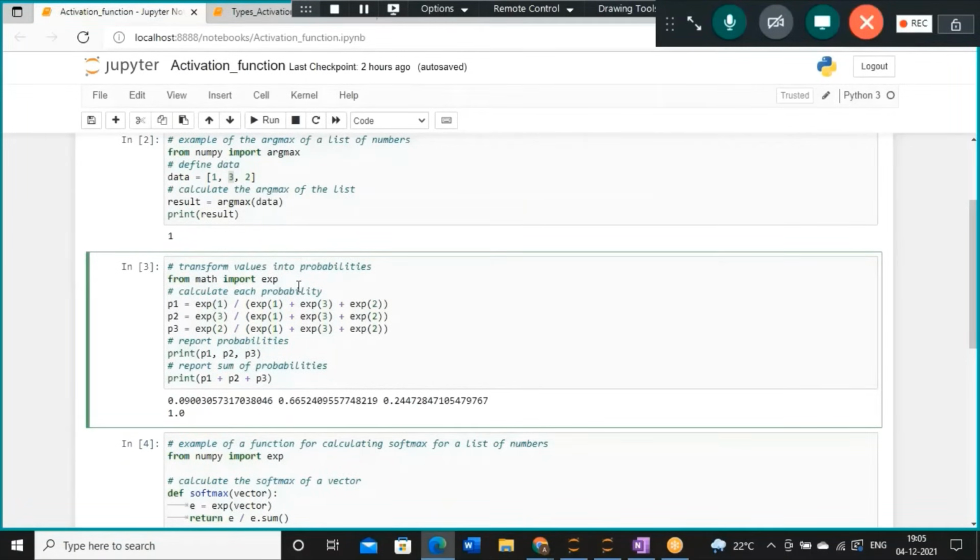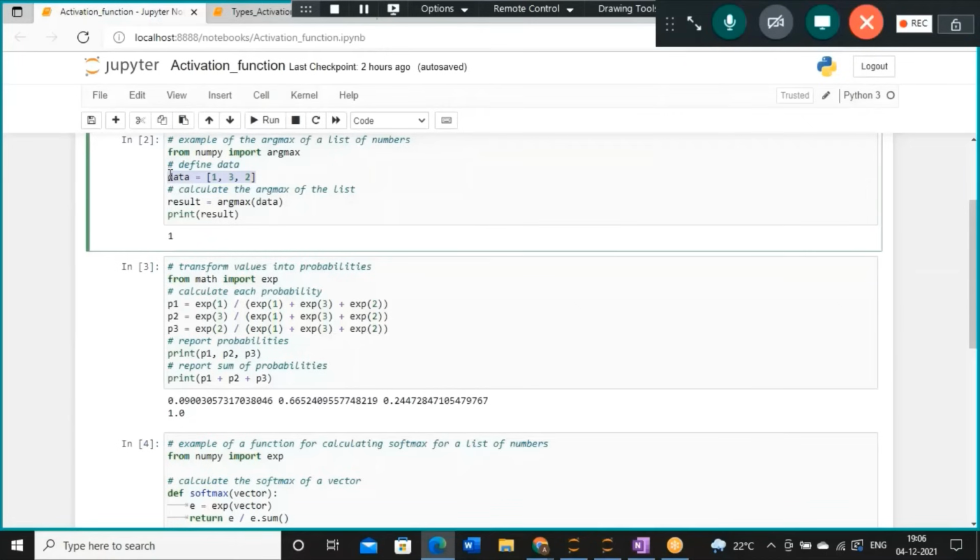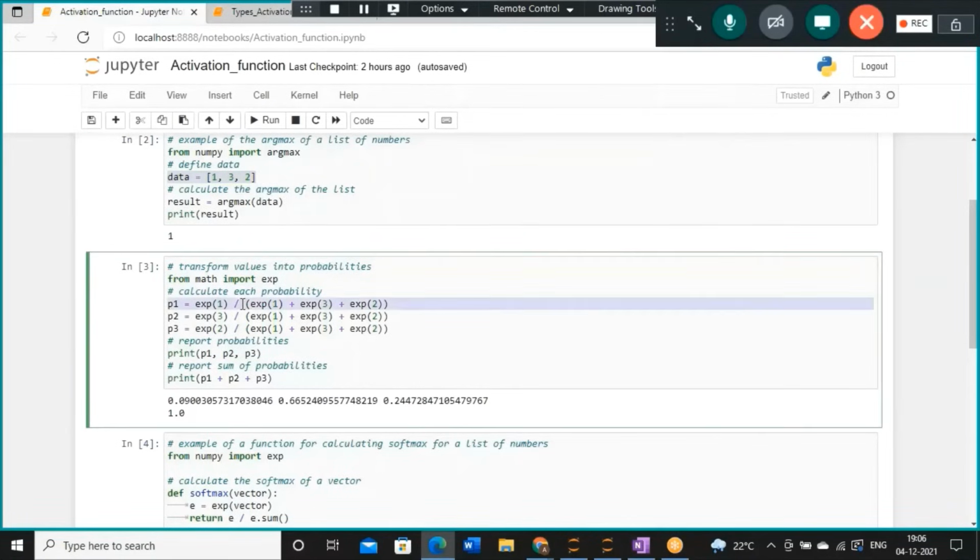If you consider this data list in the probabilistic perspective, the argmax function returns 1, as we have already discussed.